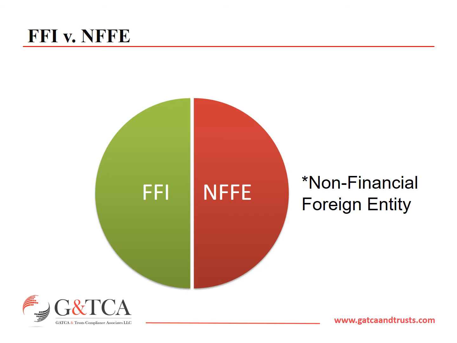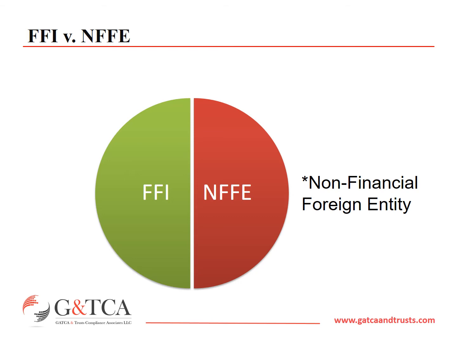In fact, every non-US entity in the world is either an FFI or an NFFE, and no non-US entity can be both. The two categories are all-encompassing but mutually exclusive.